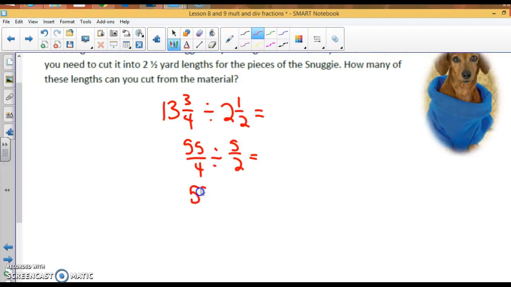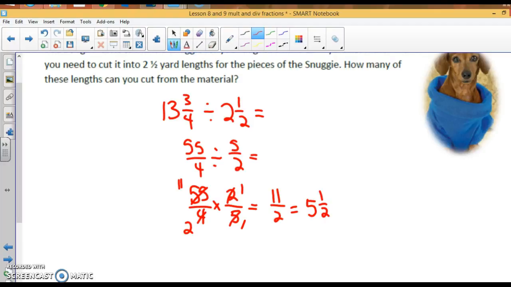Keep the first one, switch it to multiplication, and flip the second one, 2/5. Now, before you multiply, let's look to reduce. 5 goes into 5 once, into 55 11 times. 2 goes into 2 once, into 4 2 times. And now when I multiply straight across, I'm going to get 11 halves, which is 5 1/2.